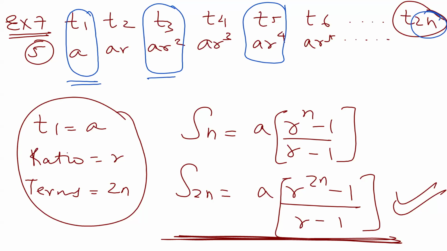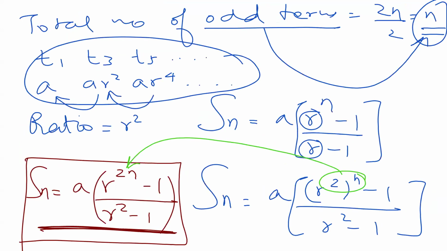So these are the total number of terms. And in the second case, the total number of odd terms will be 2n divided by 2. Because if there are 8 terms, the odd terms will be 4. If there are 6 terms, the odd terms will be 3. So when I took odd terms, the total number of terms became n. I hope I have cleared your doubt.